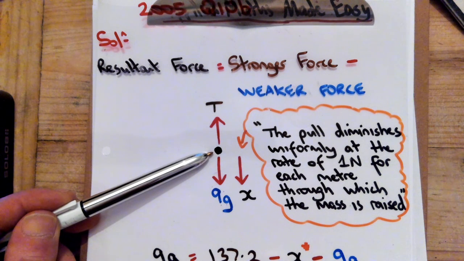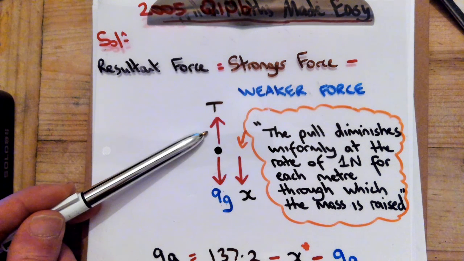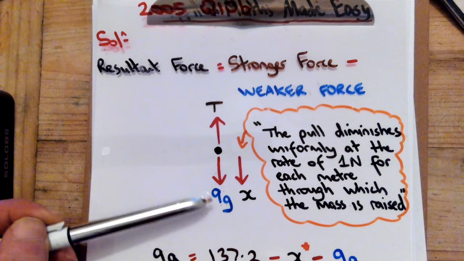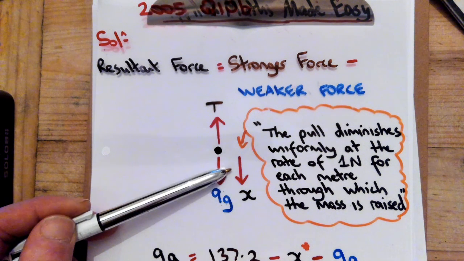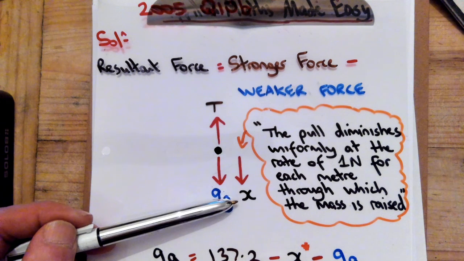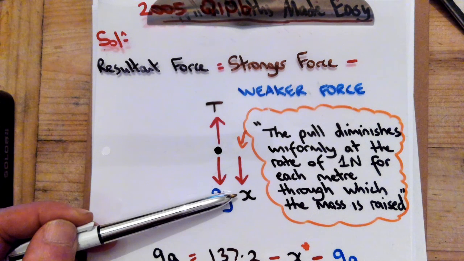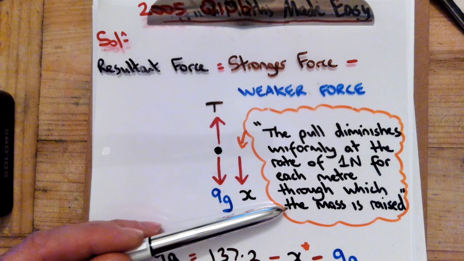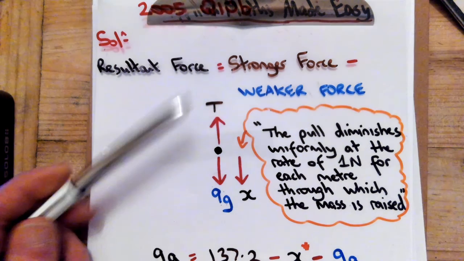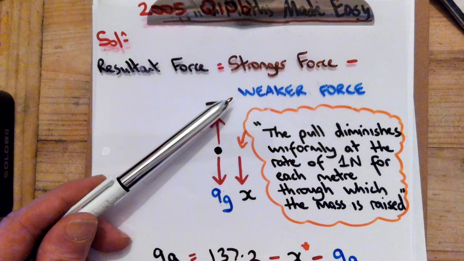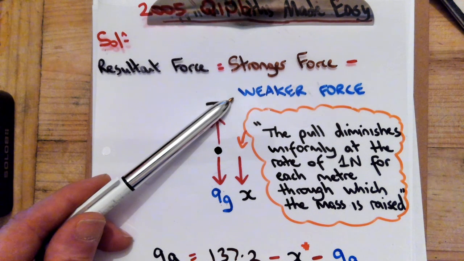It has the pull that's bringing it up, and then what's trying to bring it back down, your 9g. And there's also this pull diminishing uniformly at a rate of 1 Newton for every meter through which the mass is raised. Have a go trying to put down your data and adhering to that template.